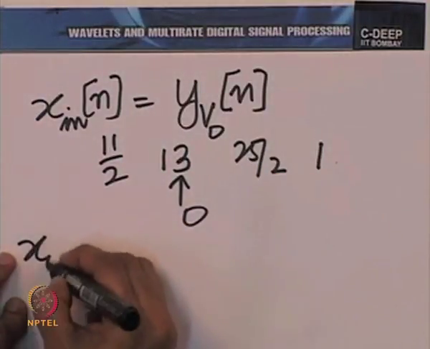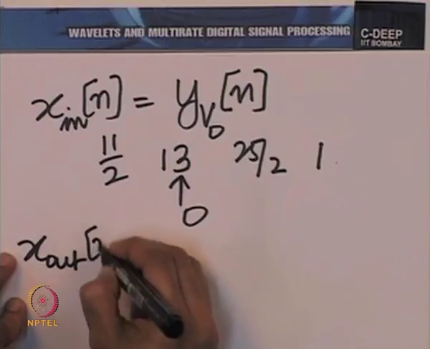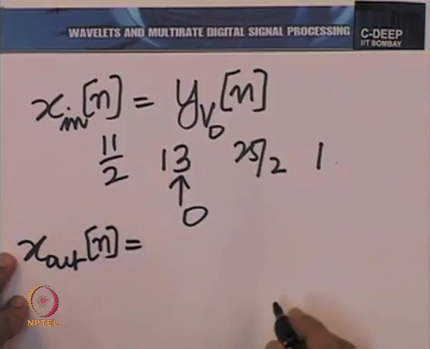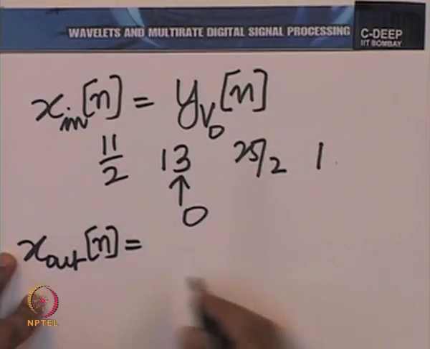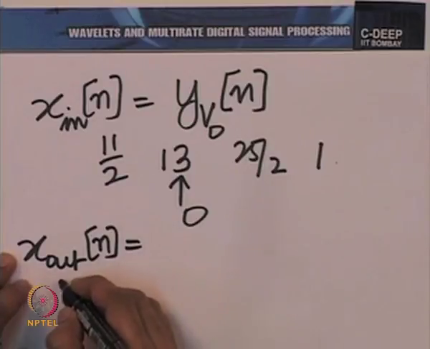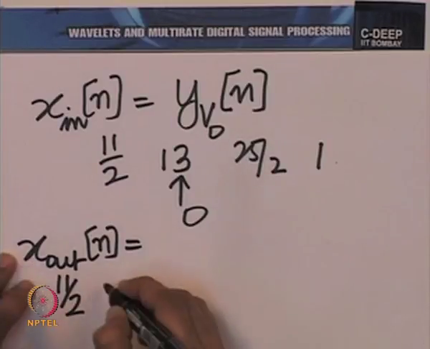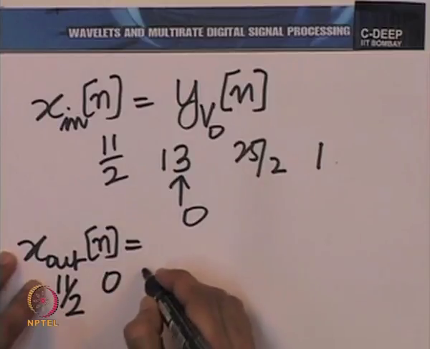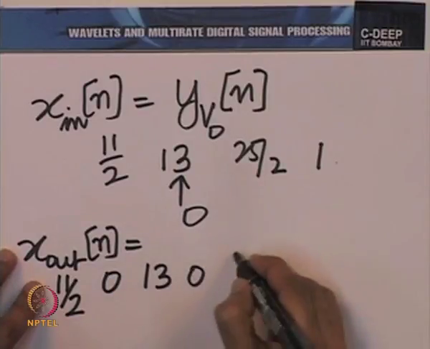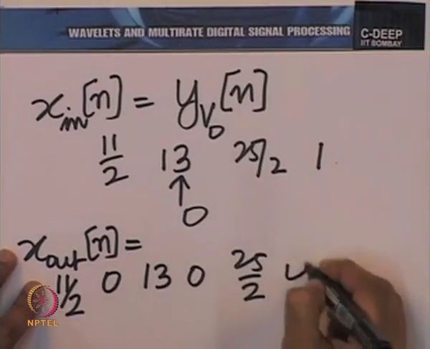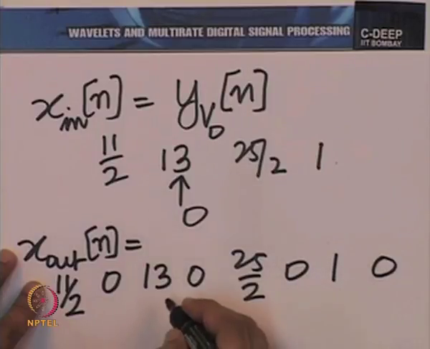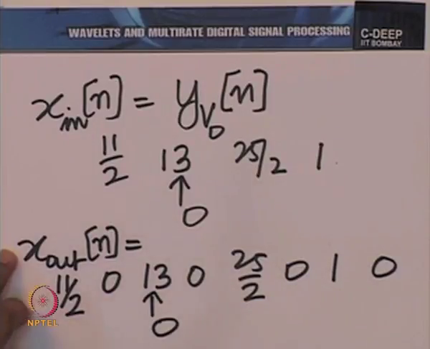What will x out n look like after upsampling by a factor of 2? Firstly, it will have 8 locations. So, it will be 11 by 2, then 0, 13 and then 0, 25 by 2 and 0, and 1 and 0, and 13 would of course come back to 0. So, this is how the upsampled sequence looks for yv0.